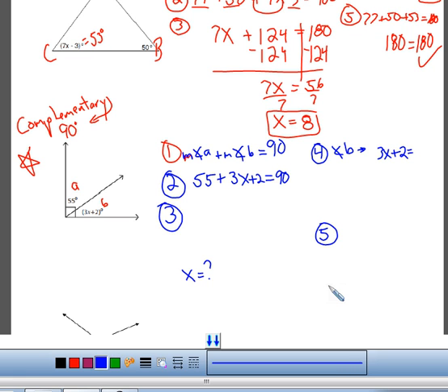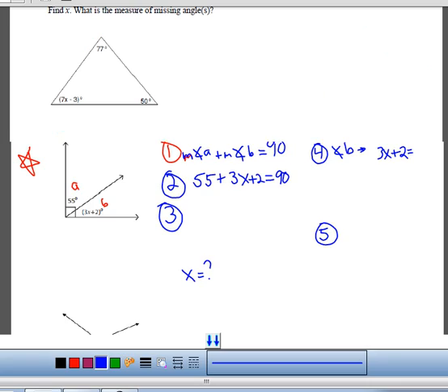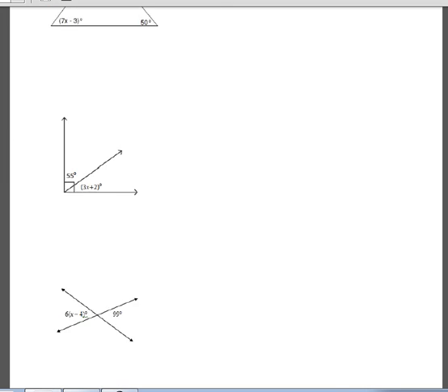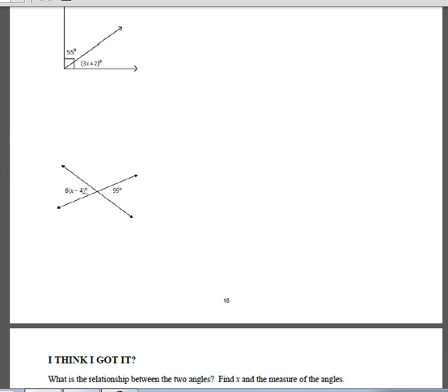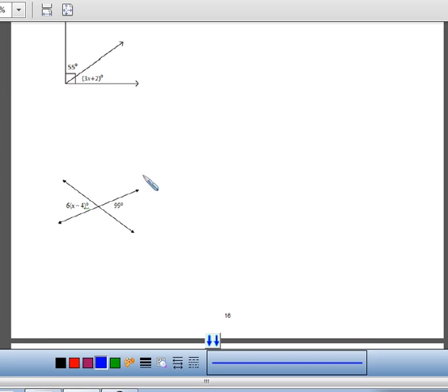All right? Let's go ahead and take a look at the last example. Together we'll work this one out, because it's a fun problem and I want to do this one. The last one, this is not a triangle, it's not complementary, it's not supplementary. Hopefully you recognize that these are vertical.